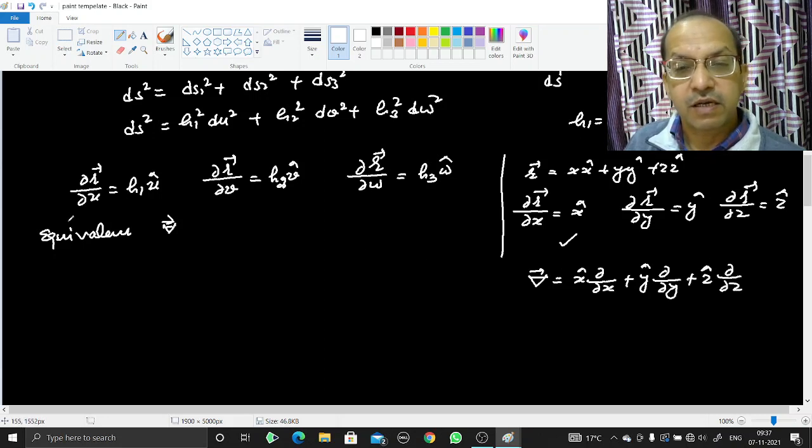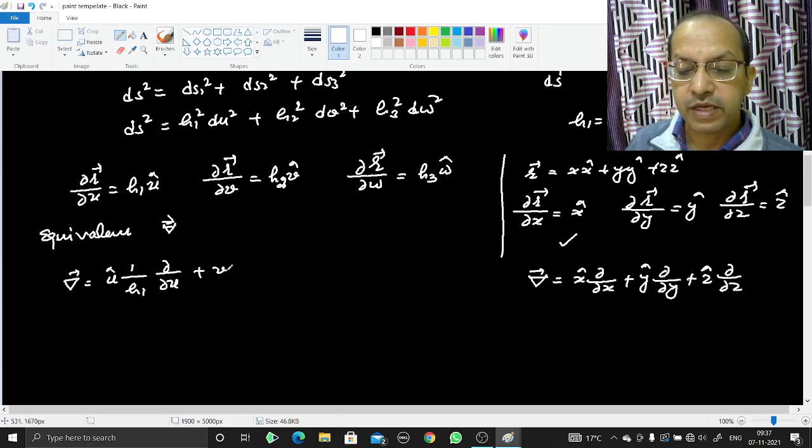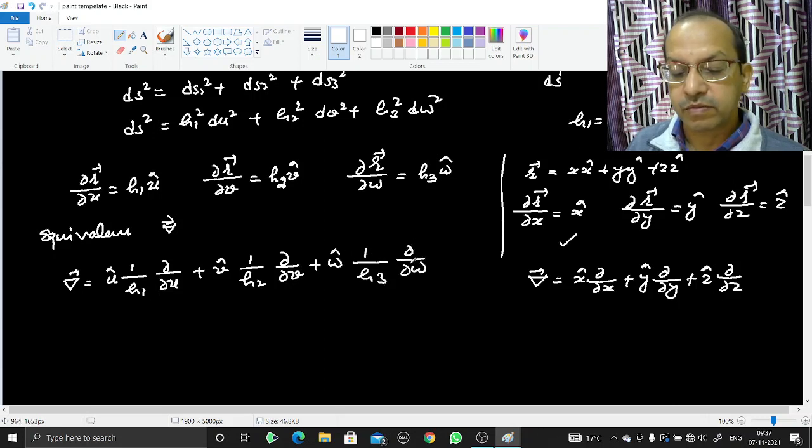In this curvilinear coordinate system, or you can say the most general coordinate system, the del operator can be written as u cap 1 upon h1 del over del u plus v cap 1 upon h2 del over del v plus w cap 1 upon h3 del over del w.